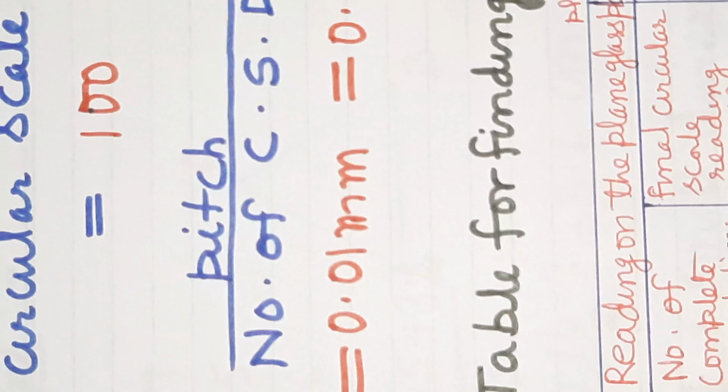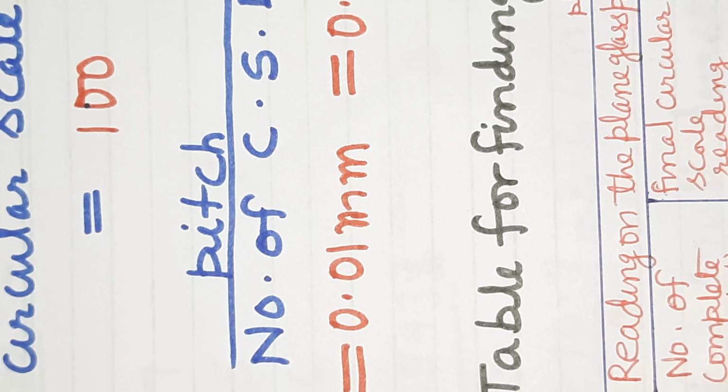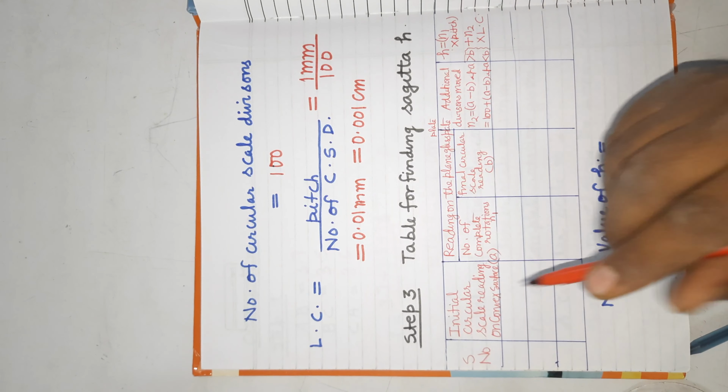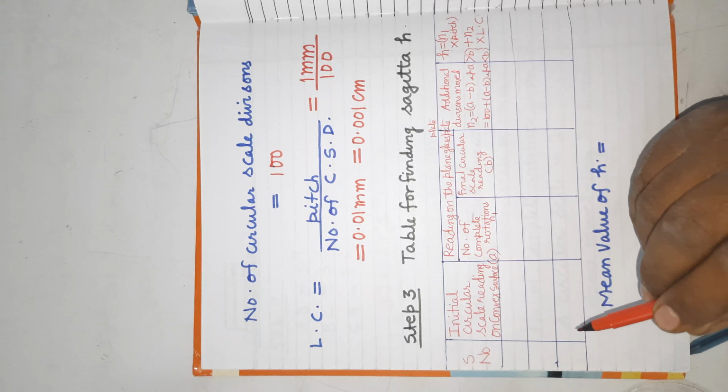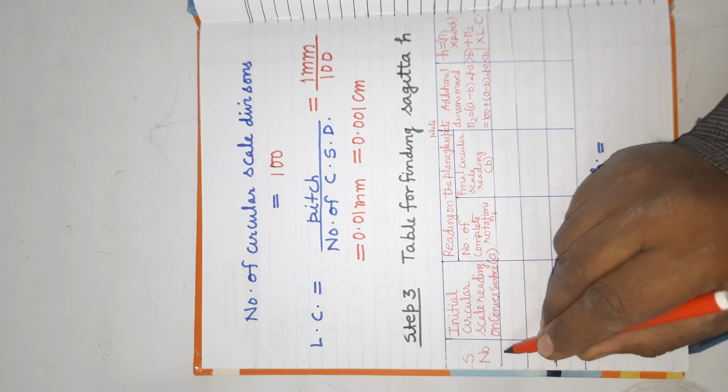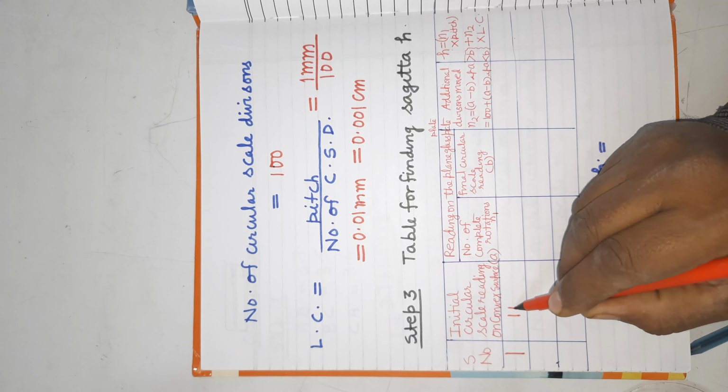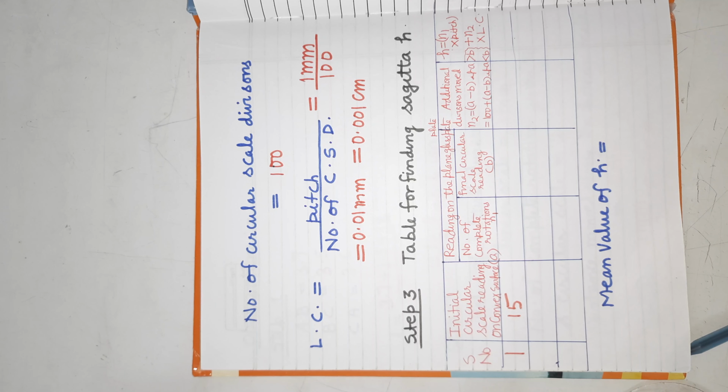This is reading A that we will write here. Here I am writing initial circular scale reading on convex surface. This is observation number 1, 15th division that I have written here. It is clear?